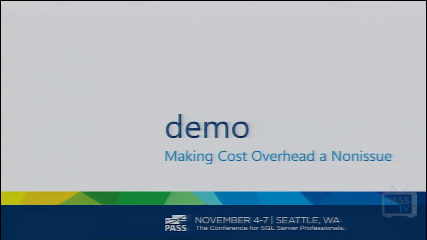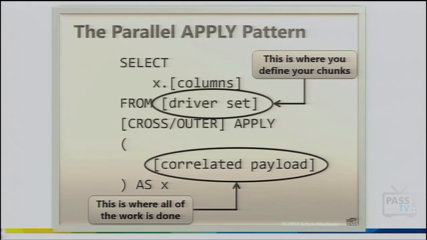What we saw in the first part of that demo was the parallel apply pattern that I introduced last time. And the parallel apply pattern, again, is where we take our driver set, in this case a distinct set of products, and we drive our query.